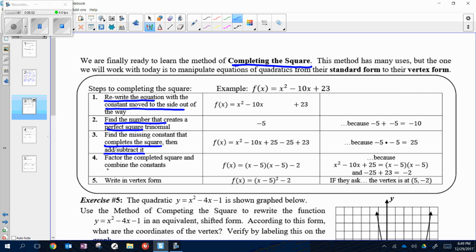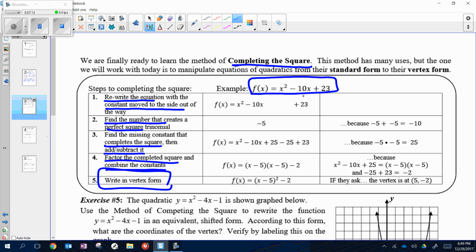And then you're going to write it as a completed square and combine the constants. This will end up in vertex form. So if you get lost, you can read the steps. If you look at the example, I'll run through it real quick.